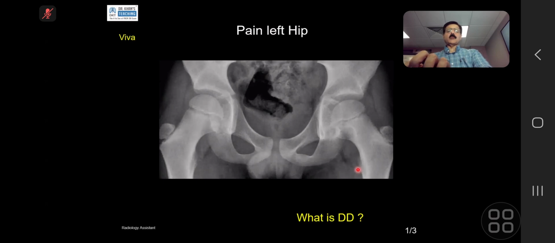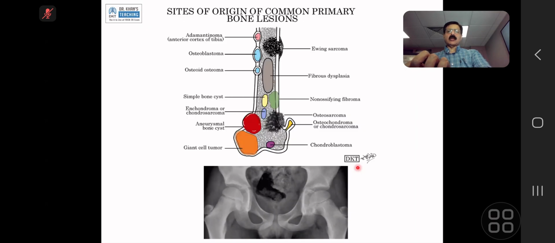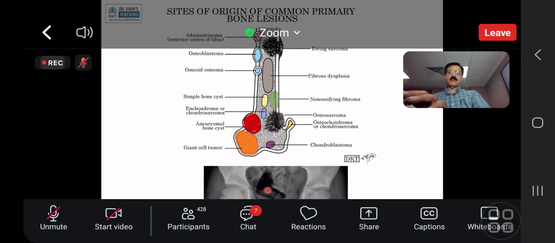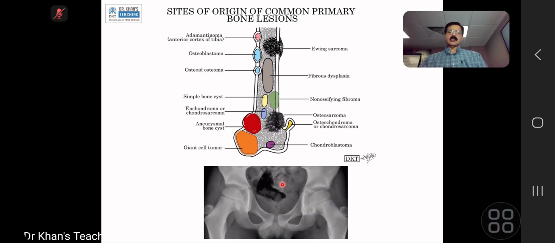Okay. So now the point is, in the real world, what will happen? This is the case of, again, osteomyelitis. Similar to the first one which I showed you, this was a metaphyseal lesion with some sclerosis. Fat planes are there, and the patient was symptomatic.